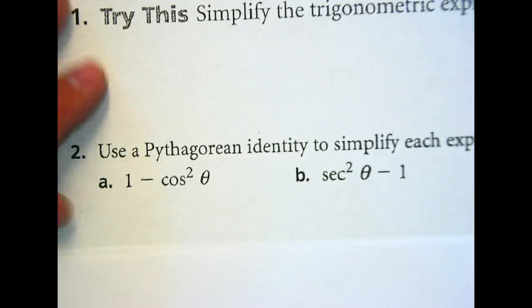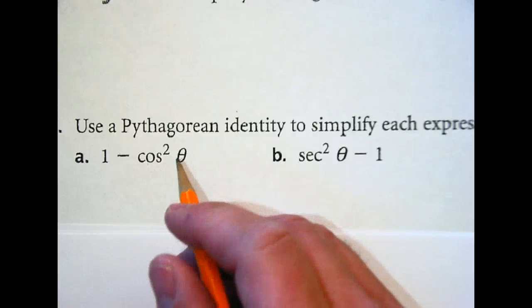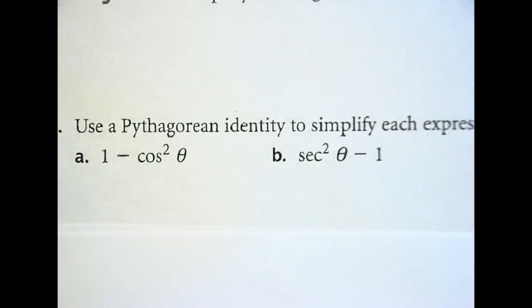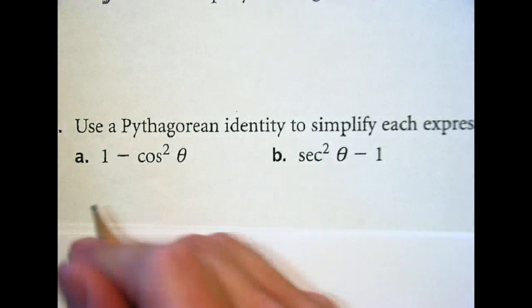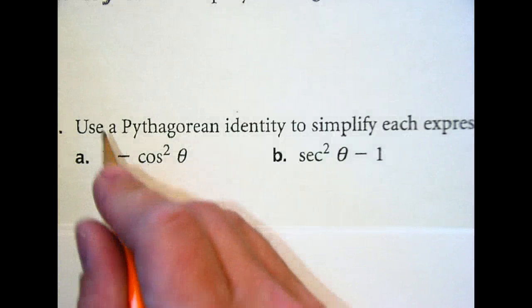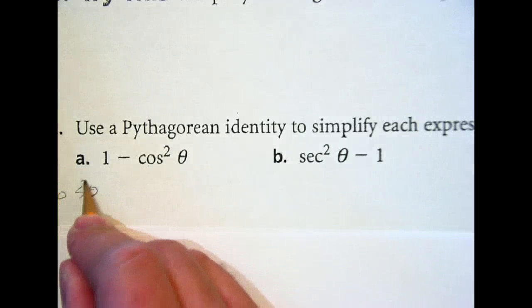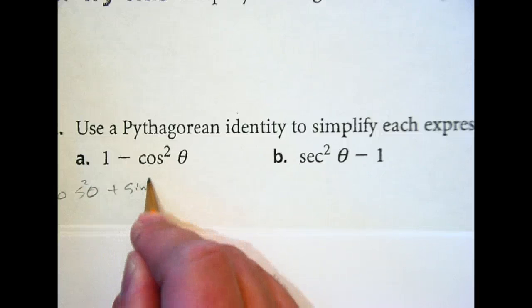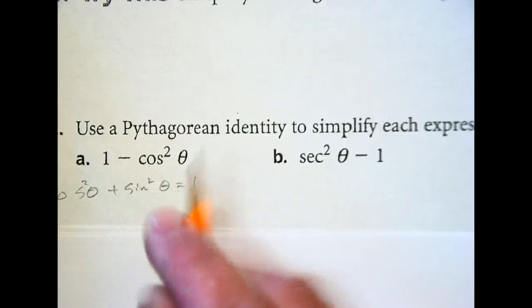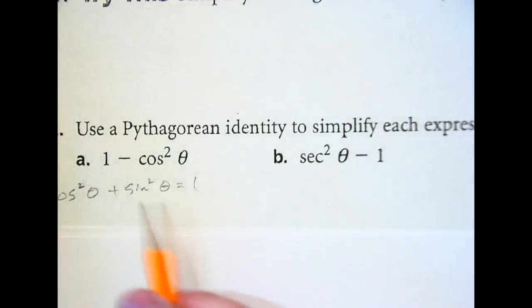Use Pythagorean identity to simplify each expression. 1 minus cos squared theta. Which Pythagorean identity are we using there? Go ahead, Sophie. Cosine squared theta plus sine squared theta equals 1. Good. If we think of it in that form, we have the 1 and the cos.